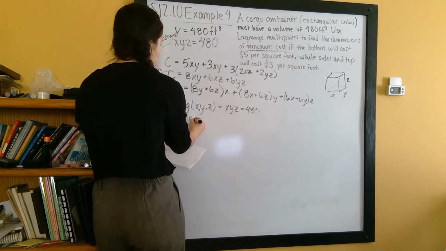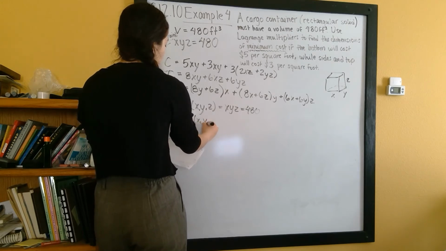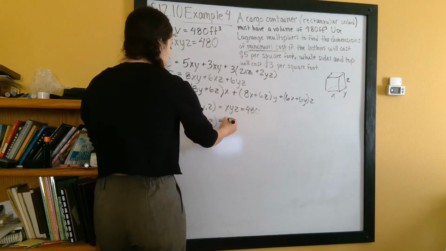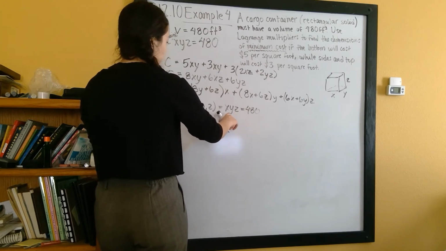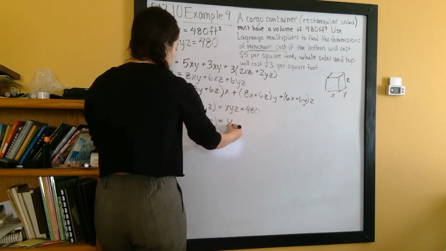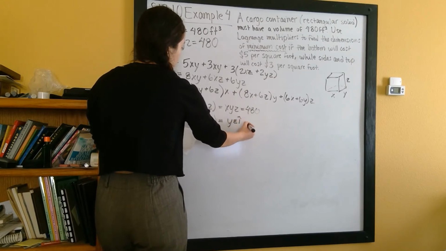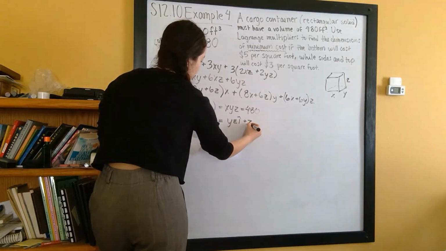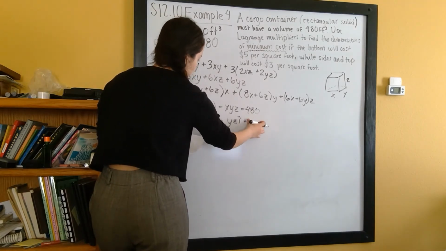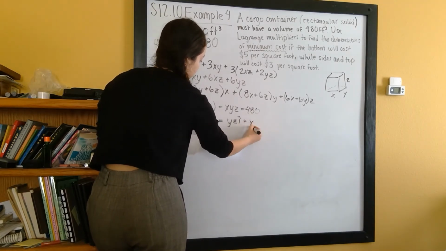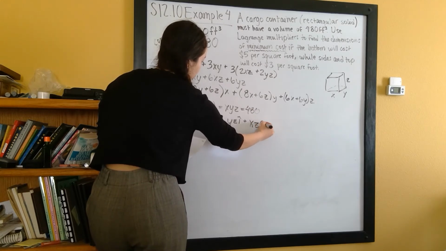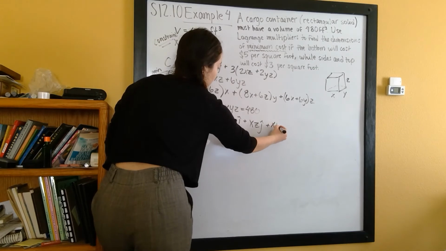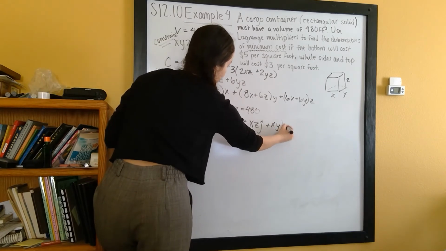So the gradient of G is equal to, first the partial with respect to x, which is yz times i hat. Now the partial with respect to y, which is xz times j hat. Now the partial with respect to z, so xy times k hat.